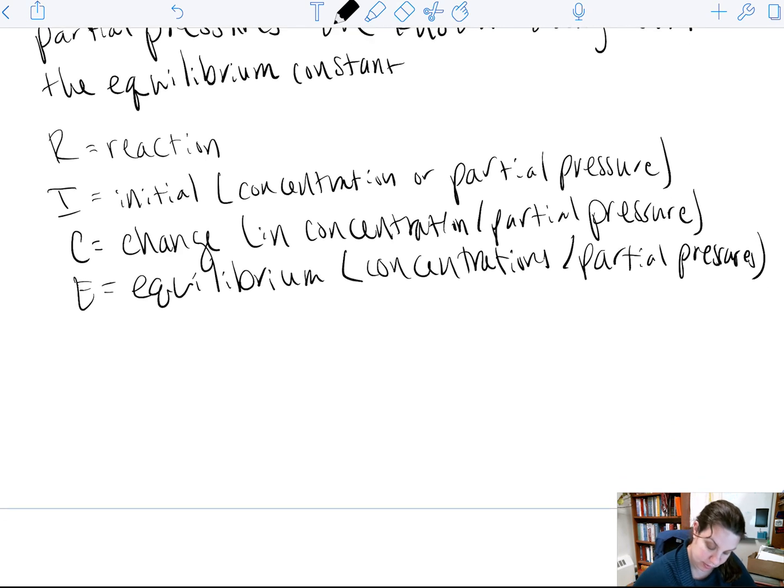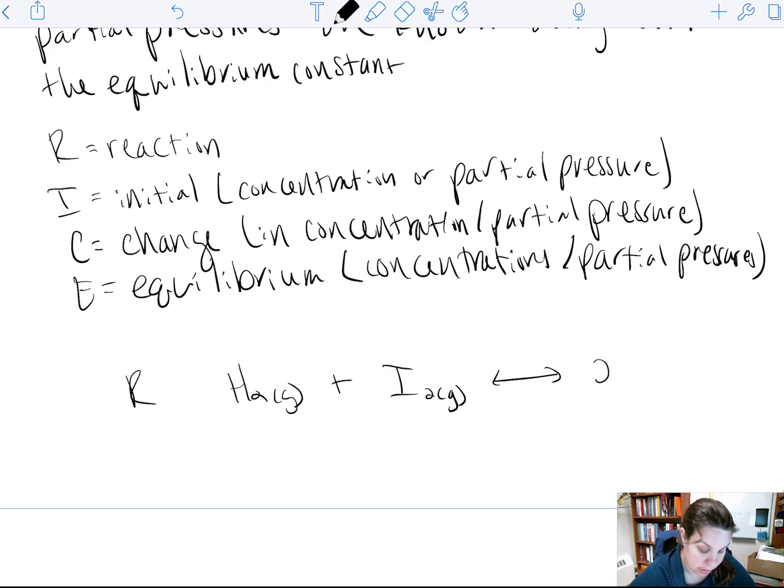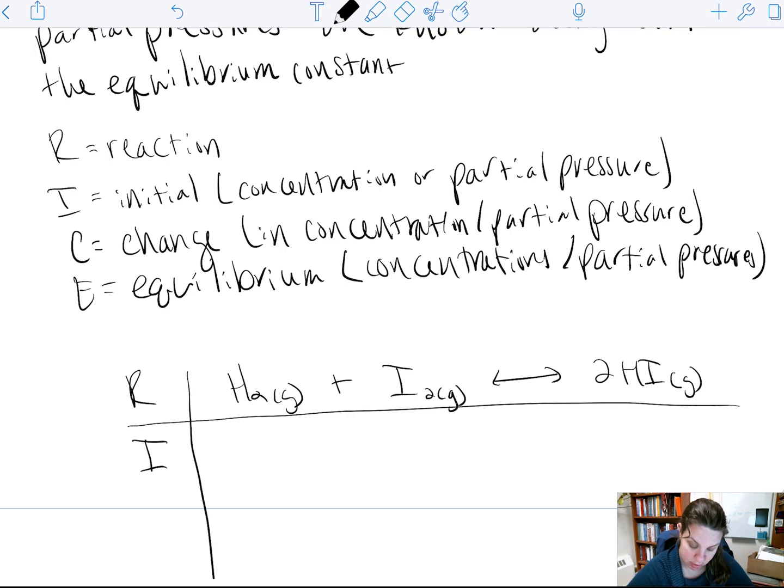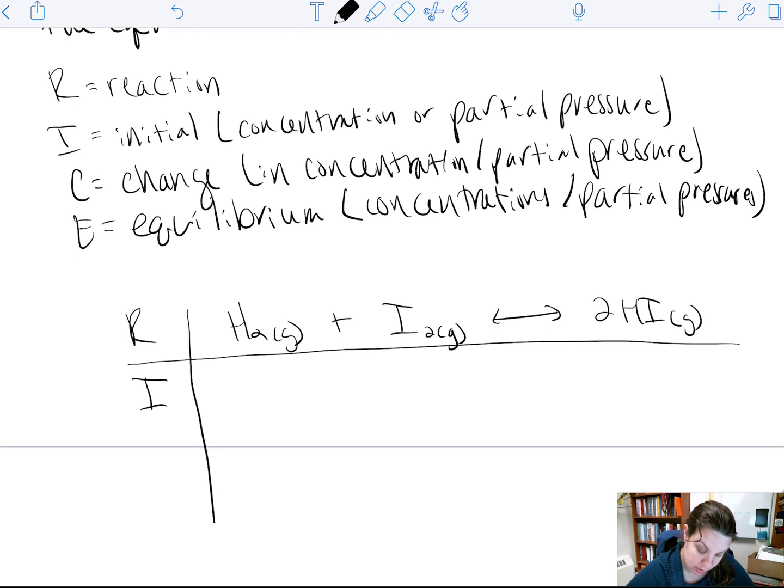So for instance, we have a reaction: H2 gas plus I2 gas is in equilibrium with 2HI gas. In this, we would be given our initial concentrations of our two reactant species, 1.0 times 10 to the negative 3 molar and 2.0 times 10 to the negative 3 molar.